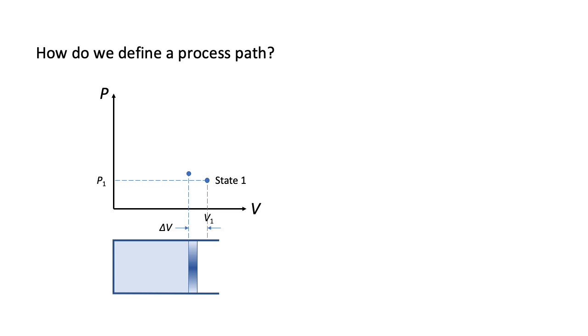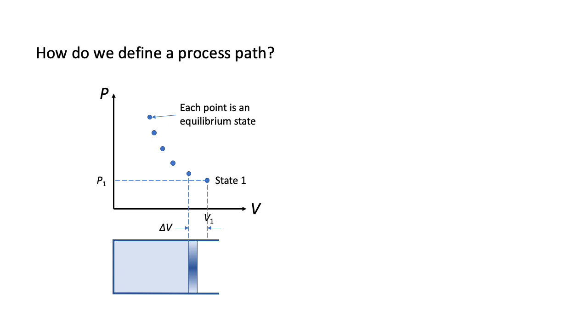Now the piston moves by a small amount, so the volume reduces by delta V. We wait until the gas again reaches equilibrium, where we can measure the pressure and the volume, and we mark that on our graph. And we repeat this process, each time moving the piston by delta V. And we finally get a series of points, and each point over here is an equilibrium state, so we can define the pressure.